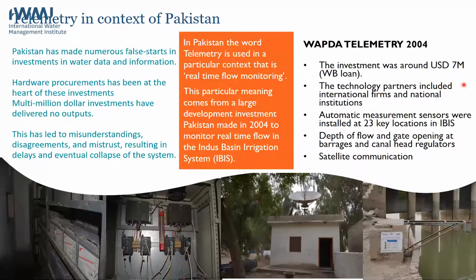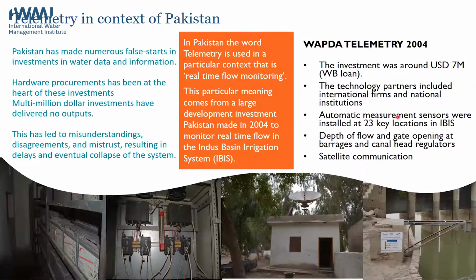And in this investment, the leading technological partners from around the world participated, like Siemens was there, and there were other national institutions involved in the implementation of this program. In fact, the Indus Basin irrigation system is a very, very huge system. 23 key locations within the system were selected to install the modern technology and sensors.